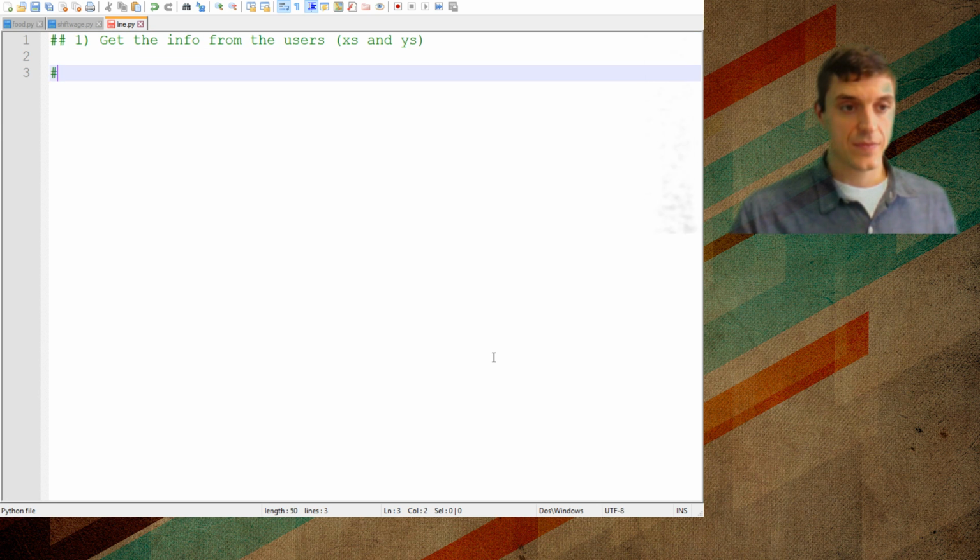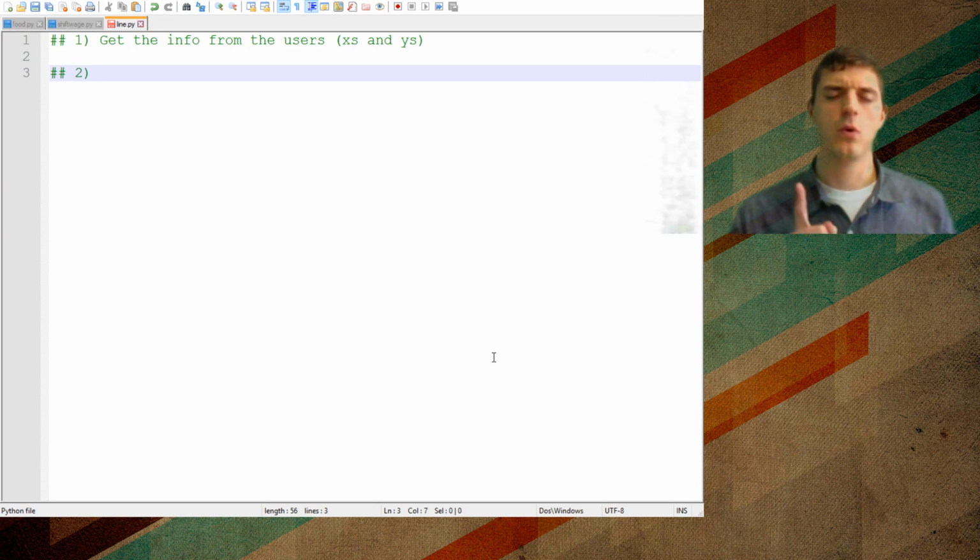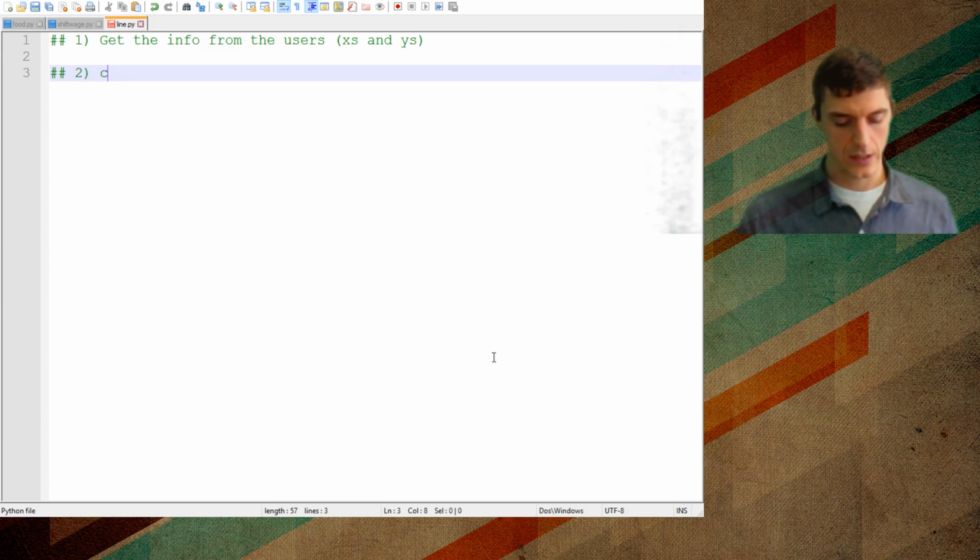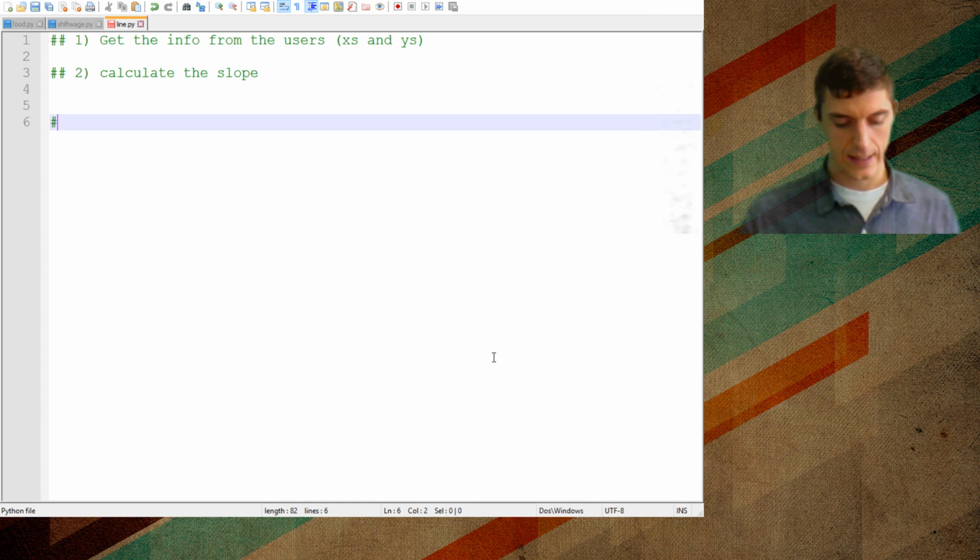Okay. The second thing that we need to do is, if I want to find the equation of a line, if I have 2 points, the 2 things I'm going to need are the slope and the y-intercept. So I'm going to calculate the slope first off. And the third thing I'm going to be doing, 2 of those, 3 of those, okay, boom, boom.